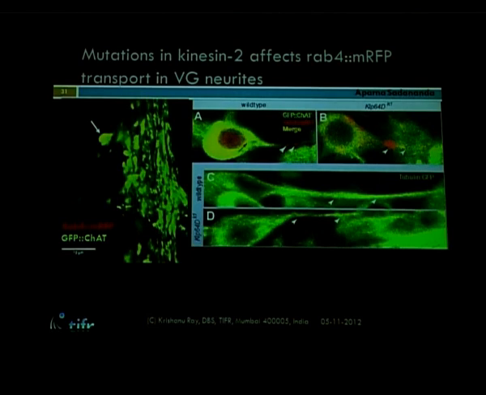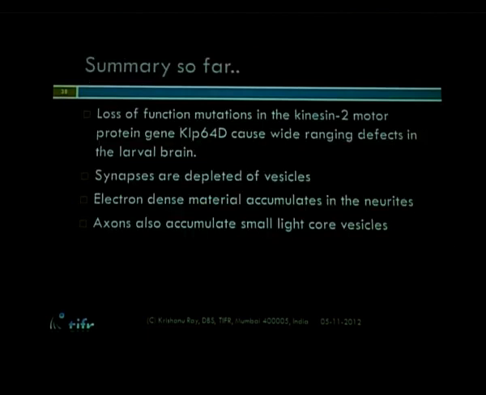Okay, so this is unpublished. It doesn't give you a very tight correlation, but it suggests that axonal transport and synaptogenesis are linked, and in this case at least the choline acetyltransferase and RAB4 mediated vesicular transport are engaged in synaptogenesis in the larval brain.